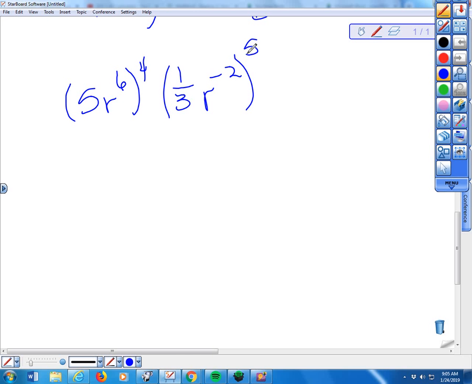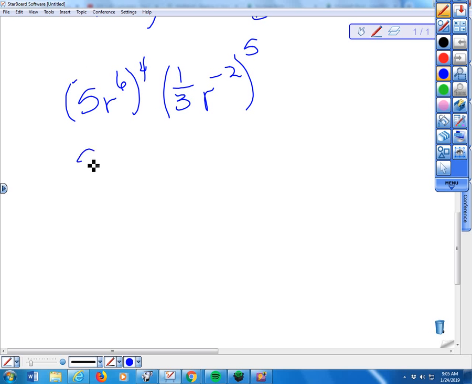So what do I do first? Parentheses always come first. So I've got to do what's in this parenthesis first. It's being raised to this 4, right?